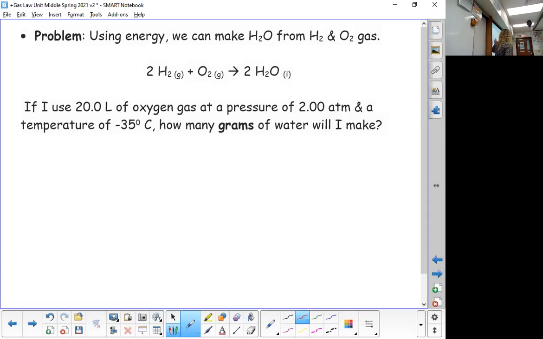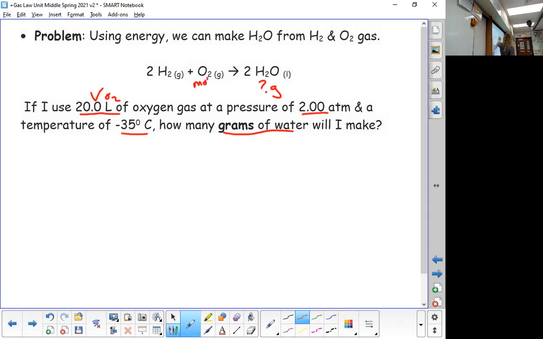So, if you look at what I want to know, how many grams of water, and then look at the other numbers in this problem, you have volume of O2, you have pressure, that's just the pressure at which the reaction is occurring, and you have temperature. 2 atmospheres is not standard pressure, negative 35 degrees Celsius is not standard temperature, so you are not at STP, and so you will need to use the ideal gas law in order to get to grams of water.